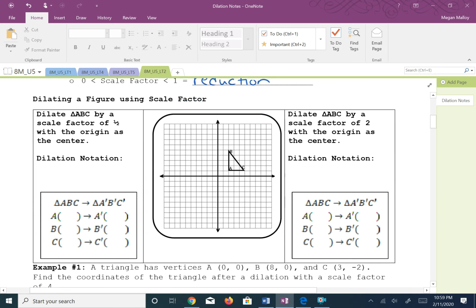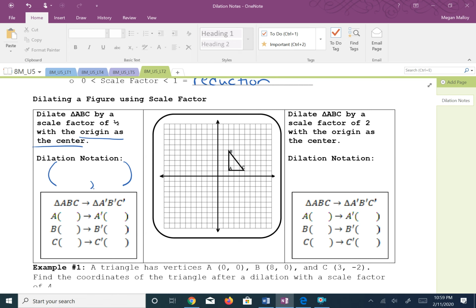So how do we do this? Our first example here says dilate triangle ABC by a scale factor of 1/2 with the origin as the center. Okay, so since the origin is our center, we can create a dilation notation, which when we talked about translation, we had translation notation where we were either adding or subtracting to the x and y coordinate to slide our figure up or down or right or left.